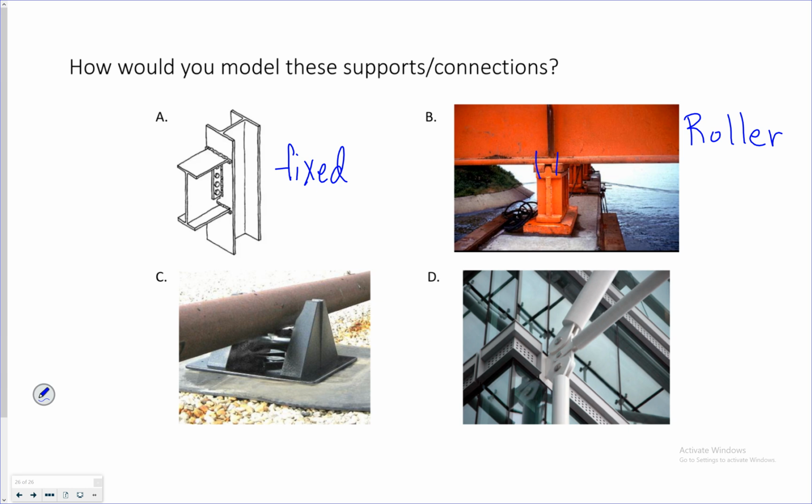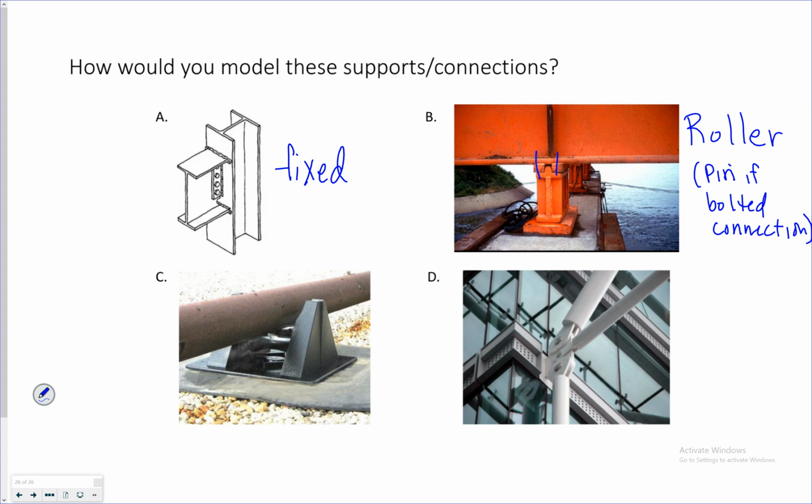So that would be a pin, right? Kind of looks like it's just laying on top of that support, but if there's any type of connecting element, that could be a pin.